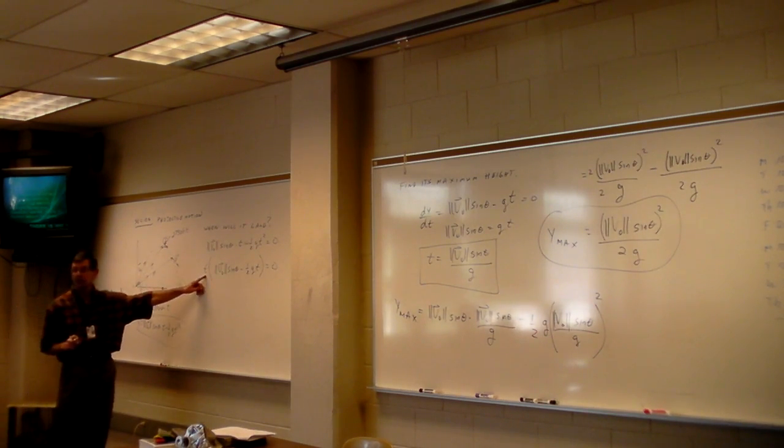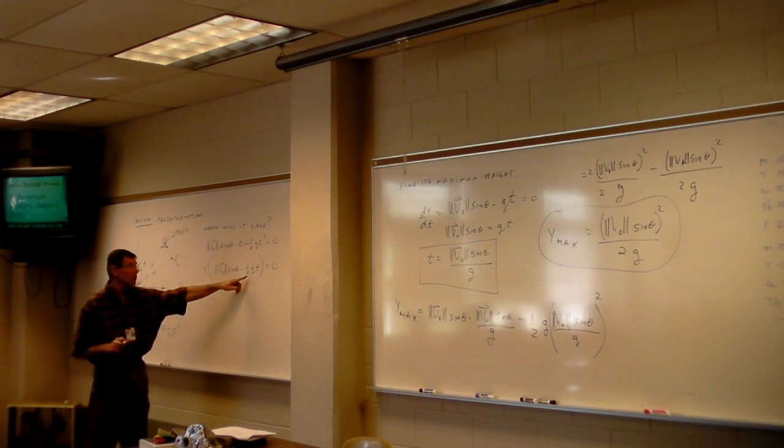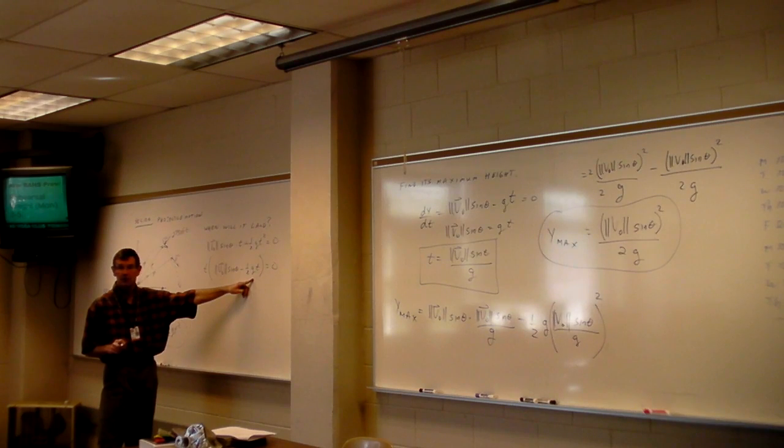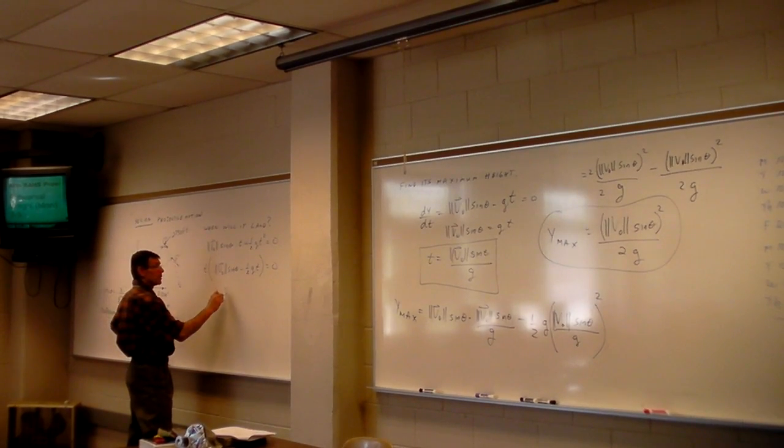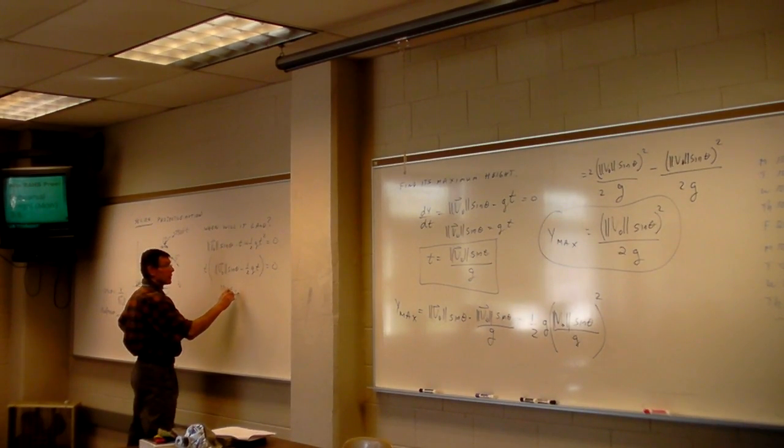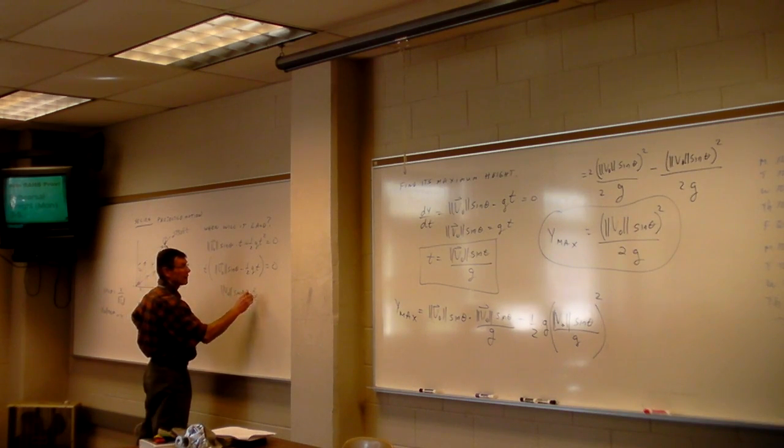Obviously, when t is 0, the projectile is going to be on the ground. But it's also going to be on the ground when this occurs. So v sub naught sine of theta equals 1/2 gt.